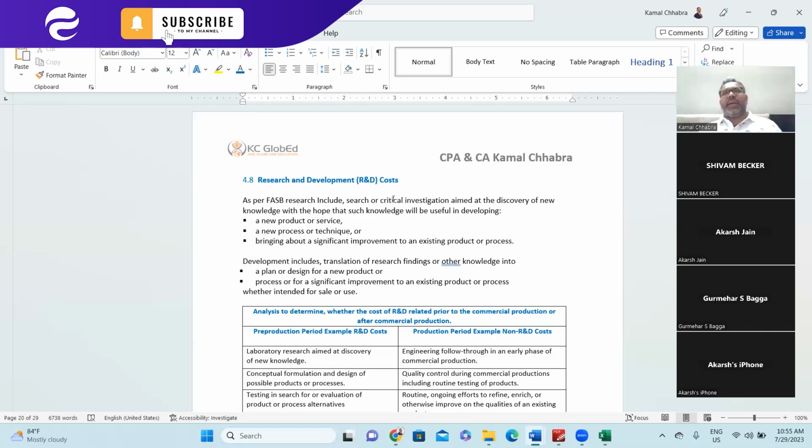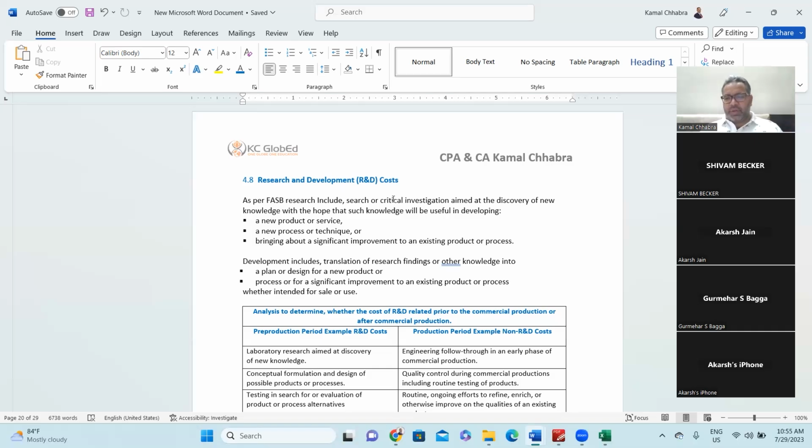But once it is ready and commercial production starts, any expenditure you make for small modification or upgradation would be expensed. Expense, right? At a high level, everyone understood?